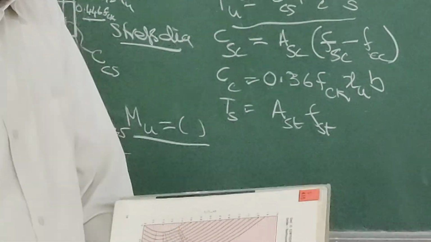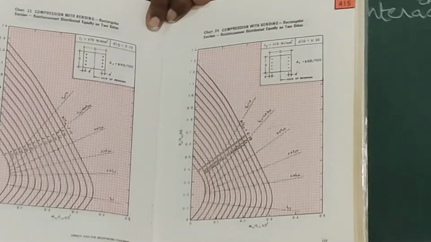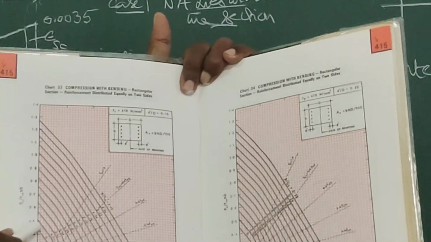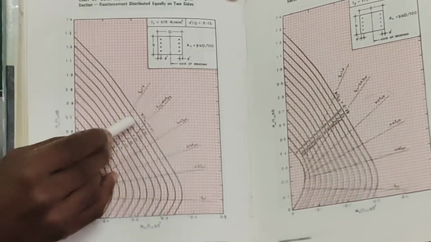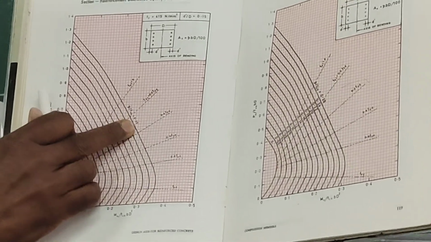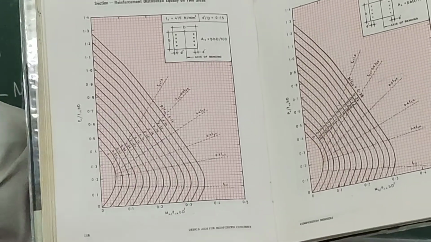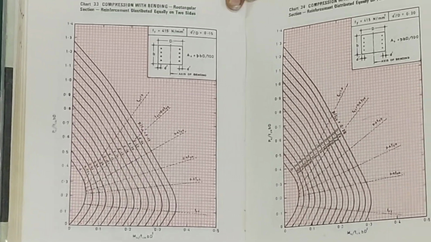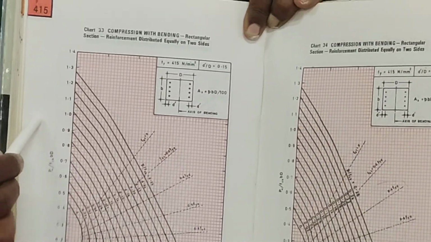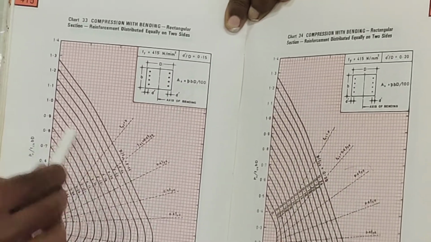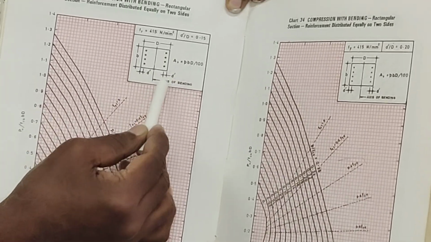I'll show you one typical interaction diagram. So this is the interaction diagram which has been developed. These are all p by fck values, like 0.2 and so on. This is MU by fck bD squared along the x-axis, and along the y-axis PU by fck bD, for different percentages of steel and how this steel has been placed.